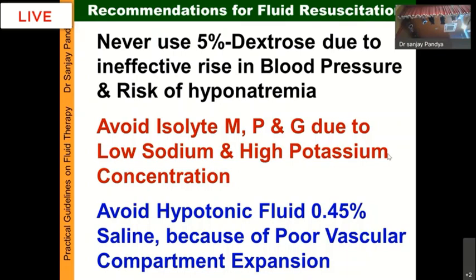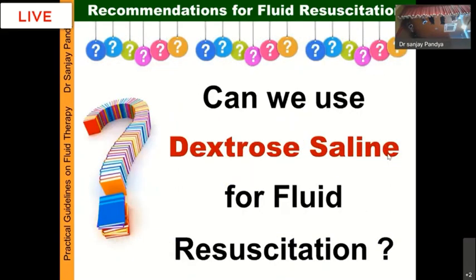Because of that, when 5% dextrose is used as a replacement solution, it's going to precipitate hyponatremia. Isolytes are no good because they are poor in sodium and rich in potassium. And so is half normal saline, because it won't be as effective as normal saline or Ringer's.